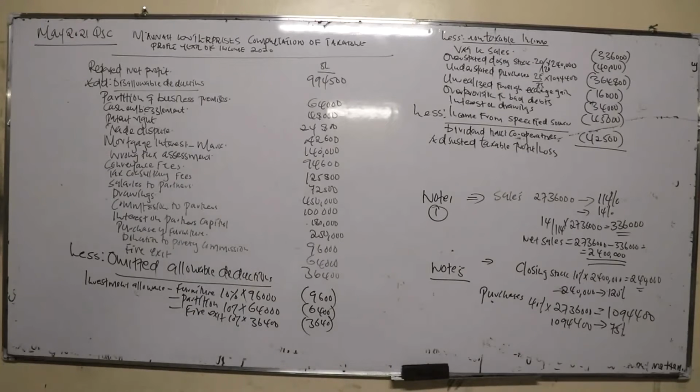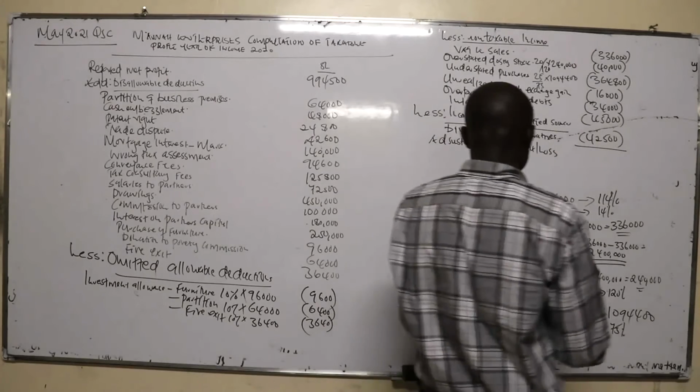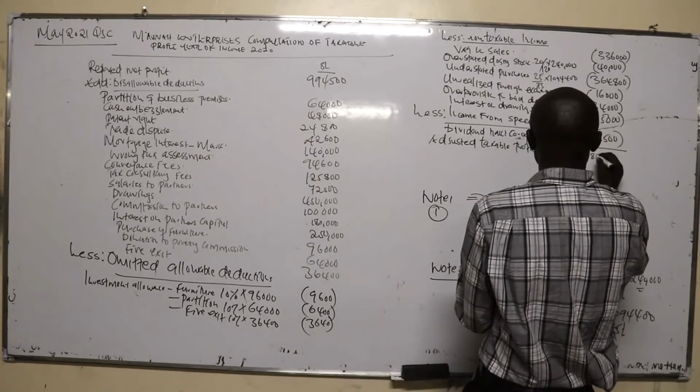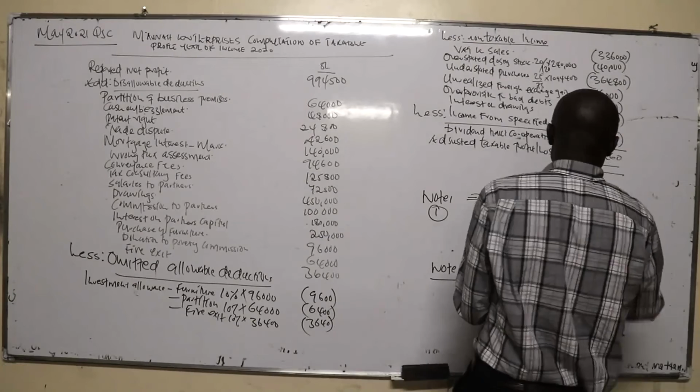So the adjusted taxable income here, according to my computation, is 1,885,260. So that is the adjusted.